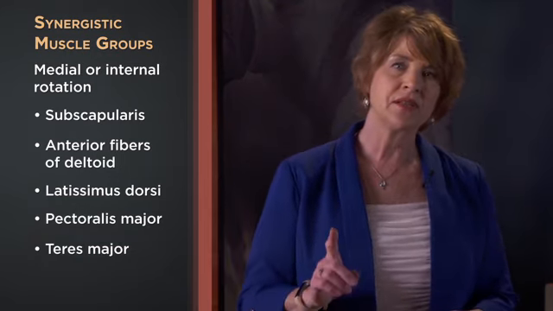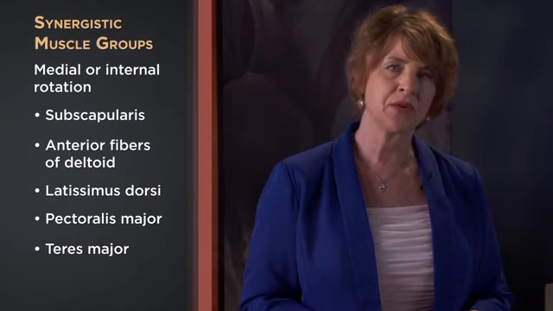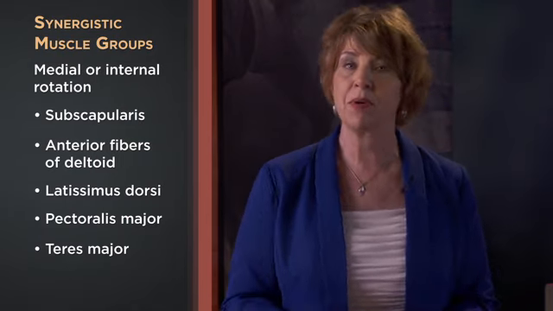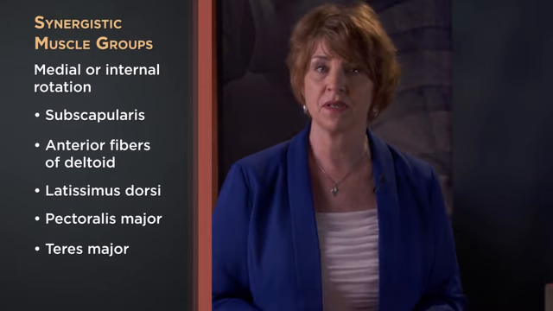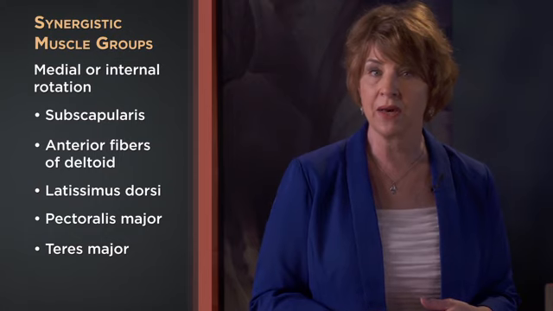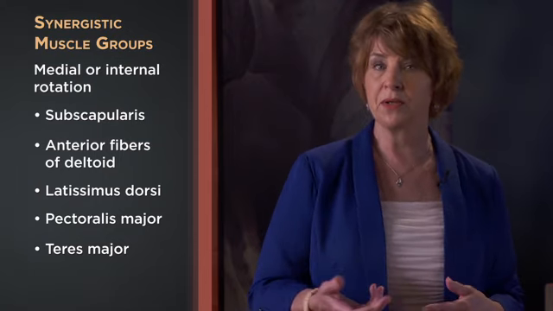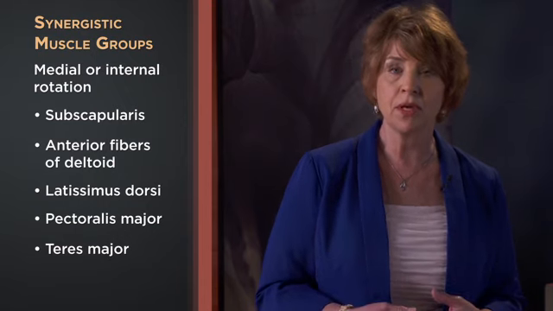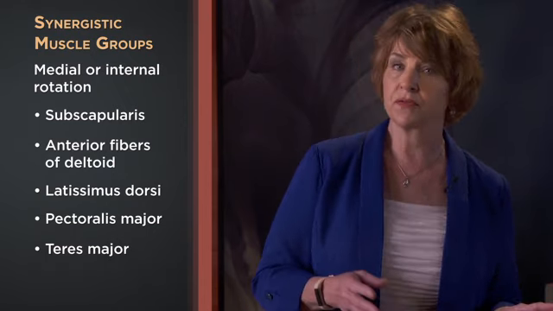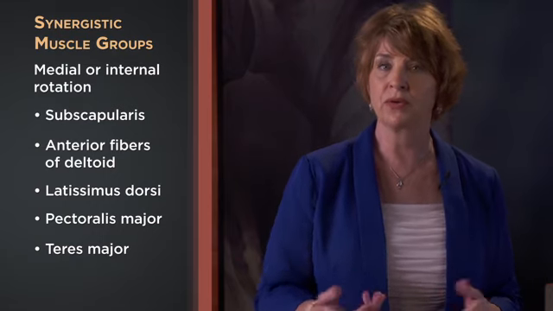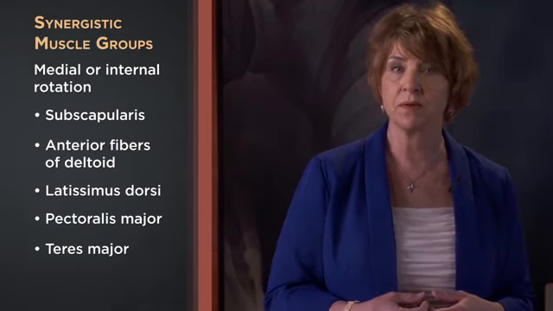And consider, in just that last example of medial rotation, those 5 muscles are supplied by a total of 6 nerves. Upper and lower subscapular nerves for subscapularis, lower subscapular nerve for teres major, axillary nerve for deltoid, thoracodorsal nerve for latissimus dorsi, and both the medial and lateral pectoral nerves for pectoralis major.